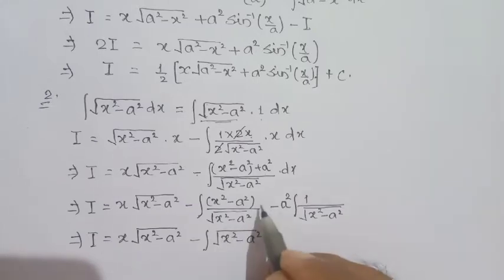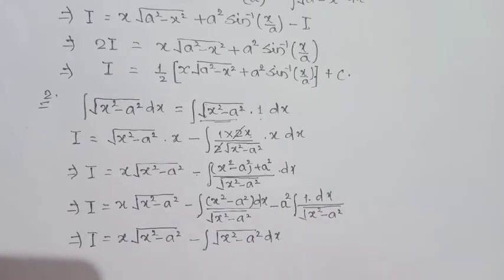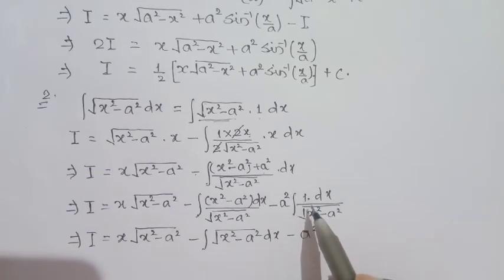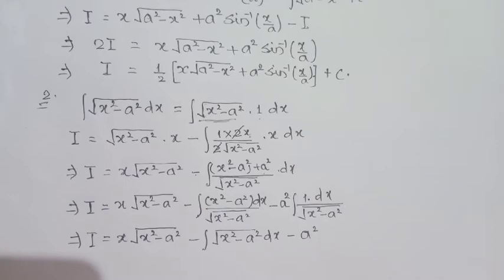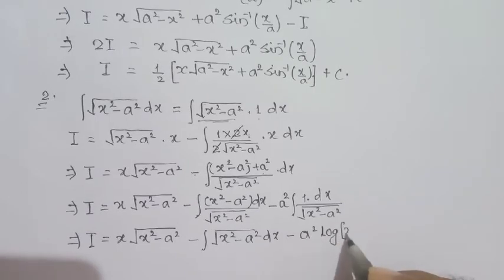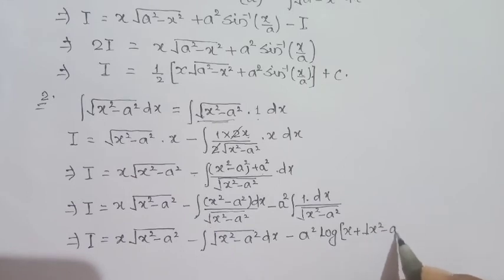See here students, dx is left, so write it, minus a square, and 1 upon under root x square minus a square is your formula, which is already proved, and its formula is log of x plus under root x square minus a square.